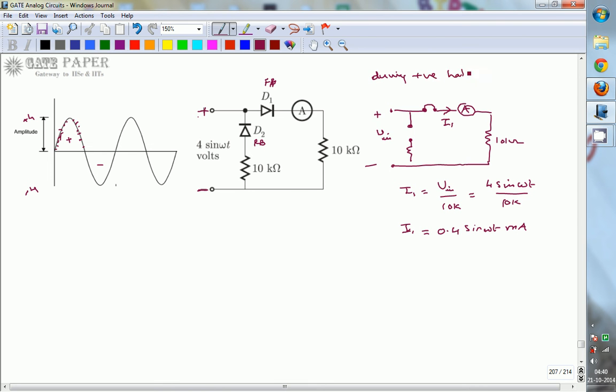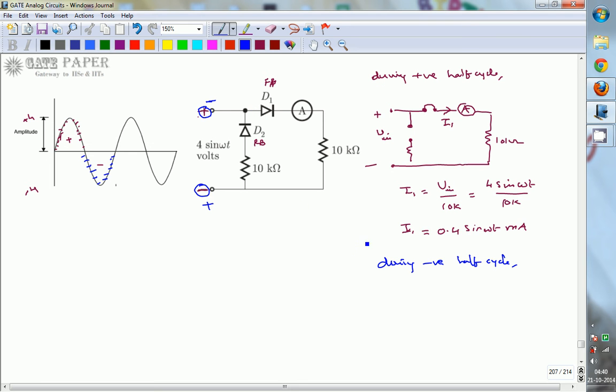Similarly, during the negative half cycle, all the voltages are of negative nature. That means this node now becomes more negative than the other node, so the polarity is minus-plus.